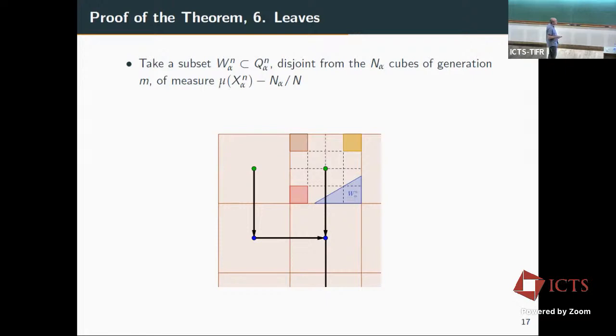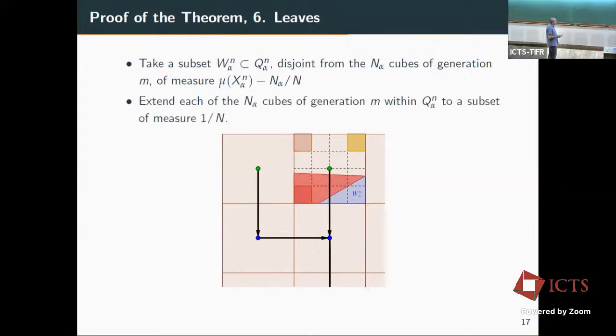And you take a region which has measure exactly the measure of the cube minus the total measure of the squares of the regions that you are building inside. You call it W alpha n, and this will be the remainder. It is important that you build your remainder inside the cube, because then you will have to attach it to the following cube.